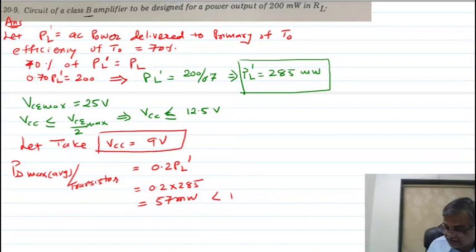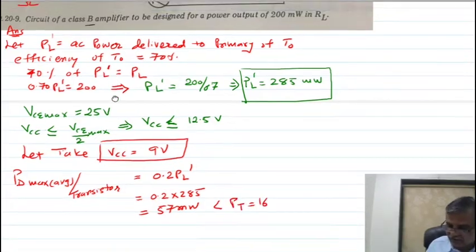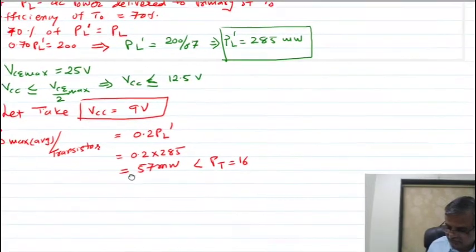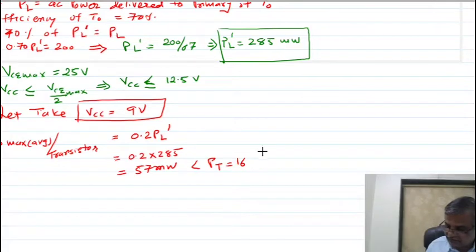This is less than your PT, which I have written as 165 milliwatt. It means the transistor operates in a safe region.